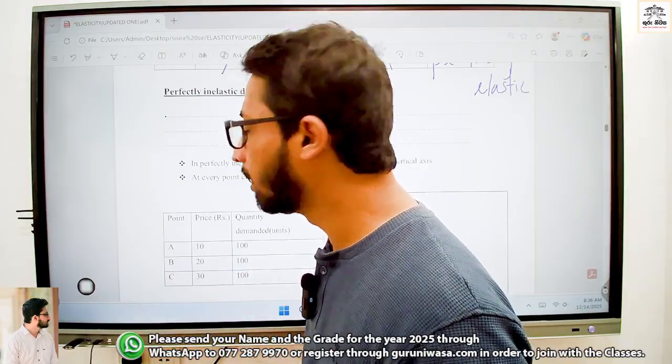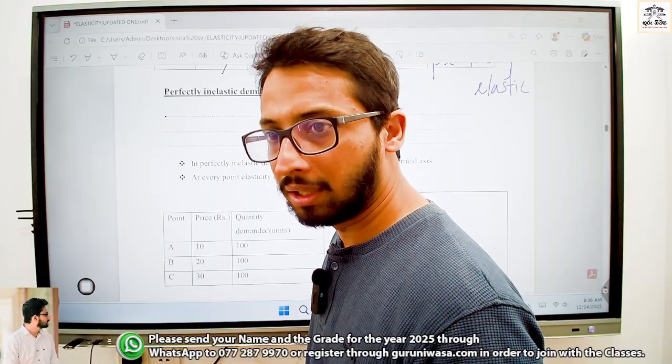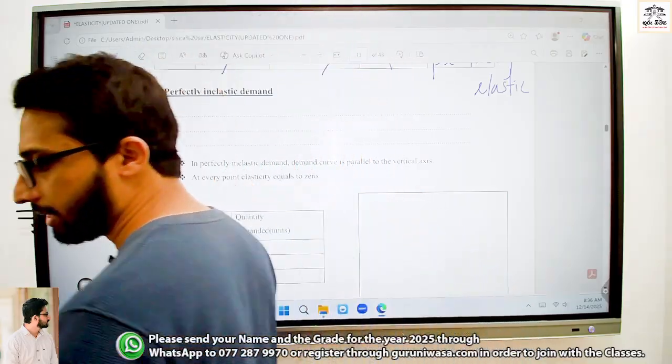Not flexible at all. This product is like this. Okay, quantity demanded does not respond. This is called perfectly inelastic. Clear? Right. Put a star mark and write down the definition.